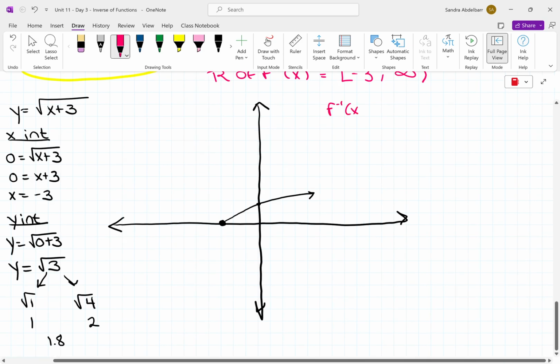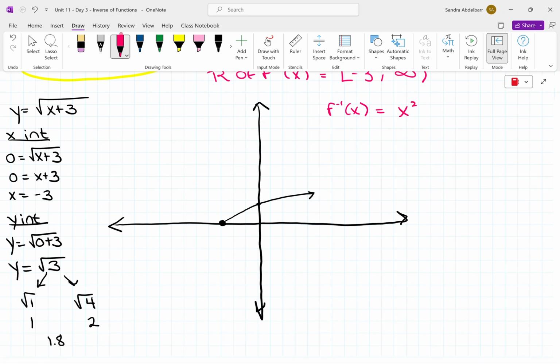Now I'm going to graph the inverse. The inverse function was x squared plus 3. Let's find our x-intercept. Our x-intercept will be 0 equals x squared plus 3.